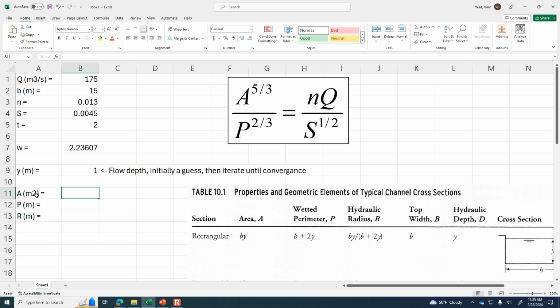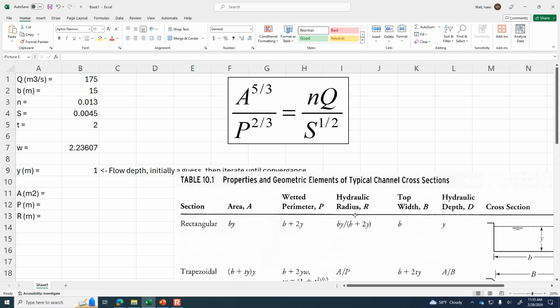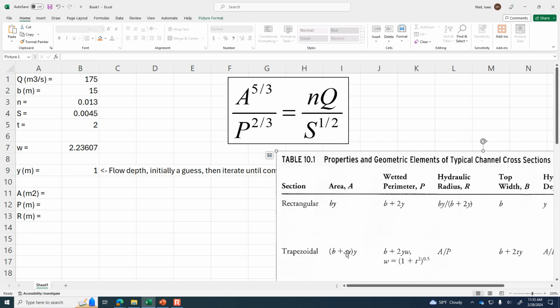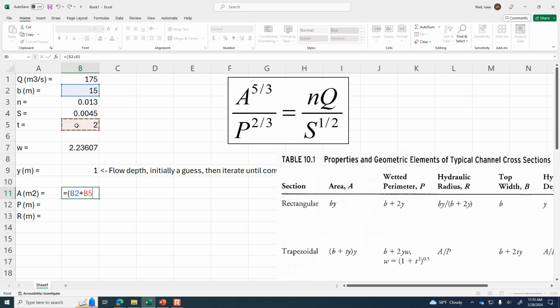Okay, so if the depth is 1, then what would the area be for a trapezoidal channel? It would be (b plus T y), and all of that multiplied by y. So equals (b plus t times y), and then all of that is multiplied by y. Okay, so this is what the area would be if the depth is 1.